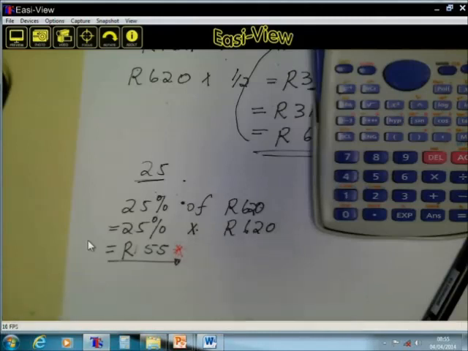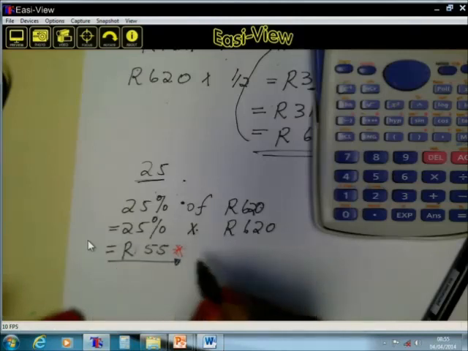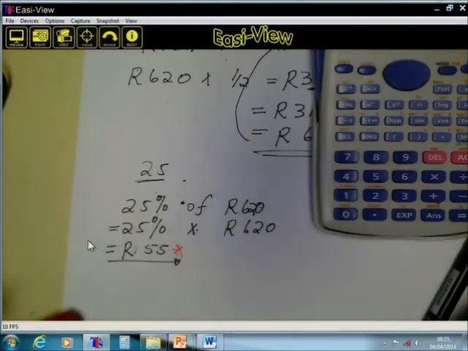Meaning you have to calculate the price of the senior citizens. But you have already started calculating the 25% of 620.